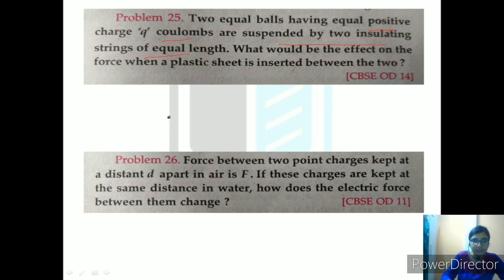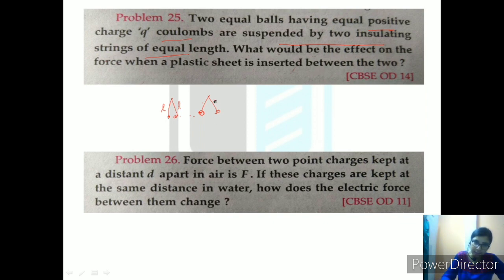That means here two positive charges are having equal charge, suspended by two strings of same length, and because of repulsion they will move away, right? This is our case, right? What would be the effect on the force when a plastic sheet is inserted between the two?